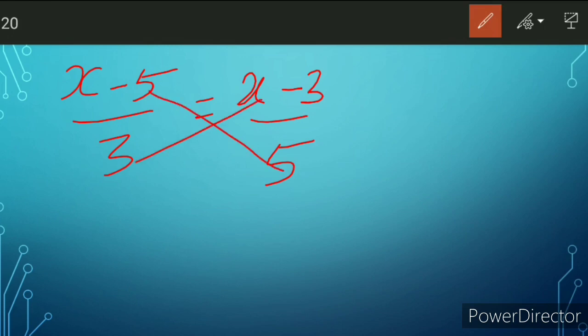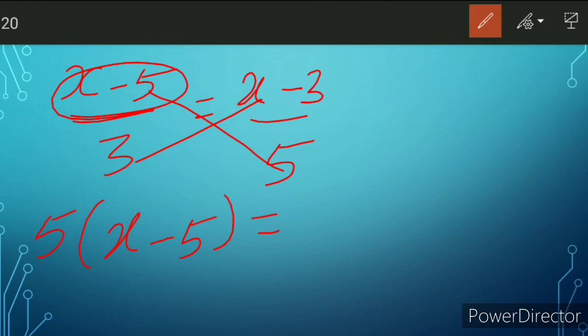We'll do cross multiplication. 5 into, because we are having 2 terms in the numerator, 5 into (x minus 5) is equal to 3 into, here also we should put bracket. If we have one number, we can multiply directly, but if you have addition or subtraction of two numbers, we should put bracket like this.